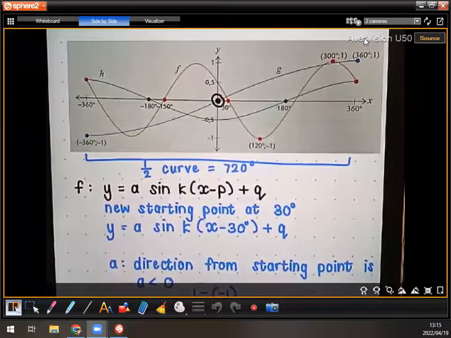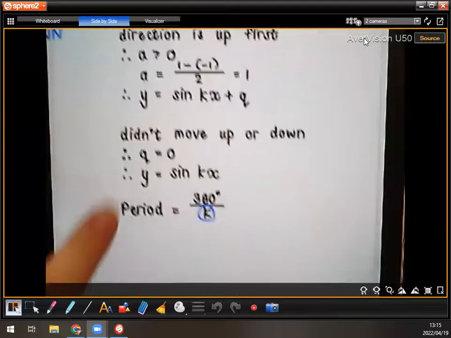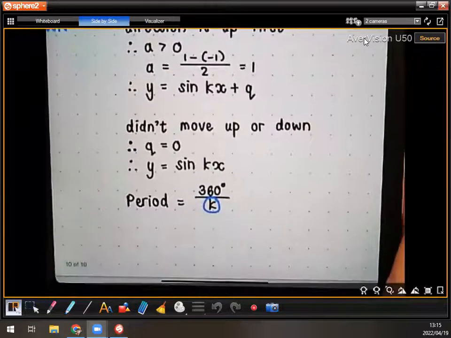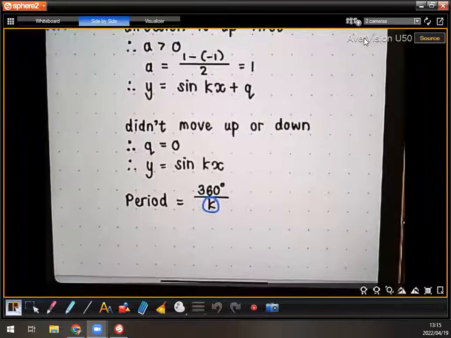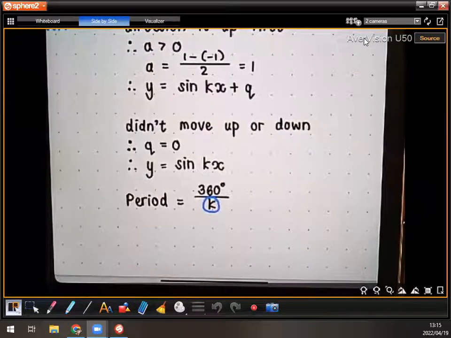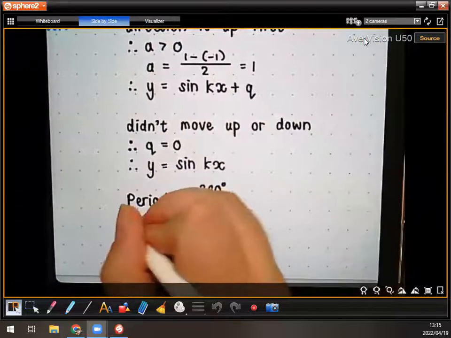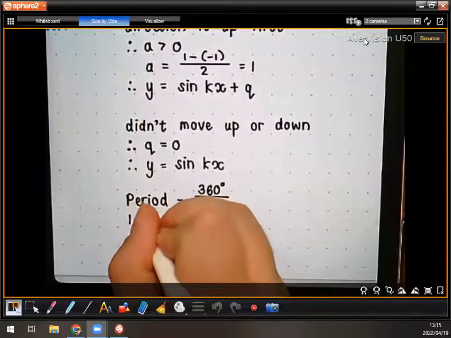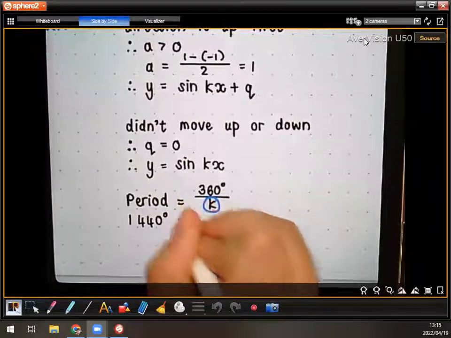So how many degrees will give me one full curve? I will have to double this, hey? 720 doubled, times 2. 1,440, good. All right, so the period of this graph, even though we can't see it, we need to see that we actually have half a curve in 720 degrees. So the full curve is going to be 1,440 degrees.